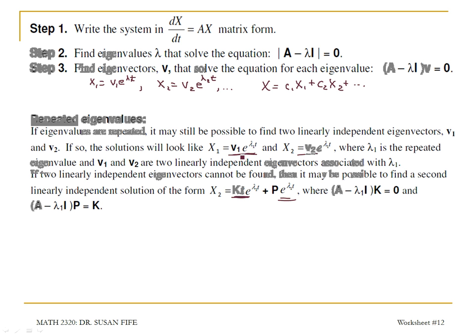And you do have at least one homework problem where you find linearly independent eigenvectors associated with a single eigenvalue. So let's solve a system that has repeated eigenvalues, and then we'll look at how we can solve for our eigenvectors k and p.